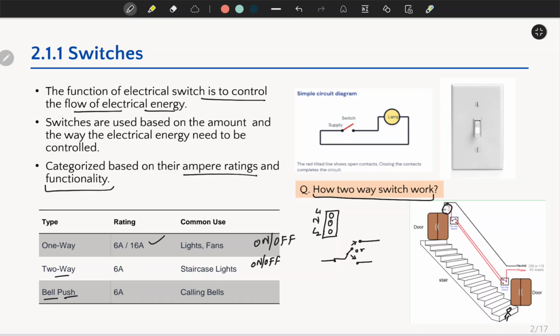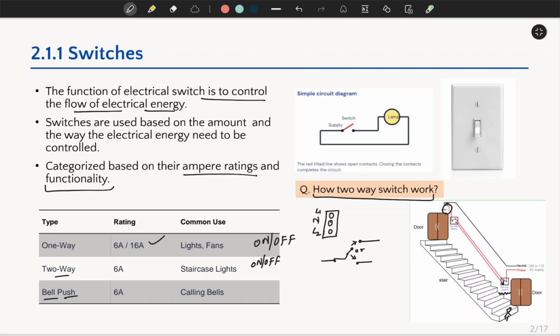If I toggle this switch here, then this terminal will shift from here to here. Now as you can see, the circuit has been broken. From neutral to phase the circuit is broken, so this bulb will become off. So this is how a two-way switch works.